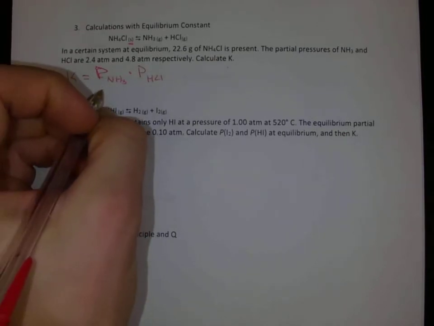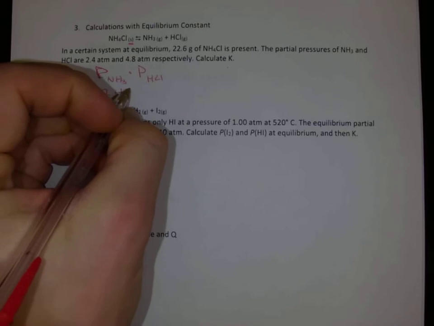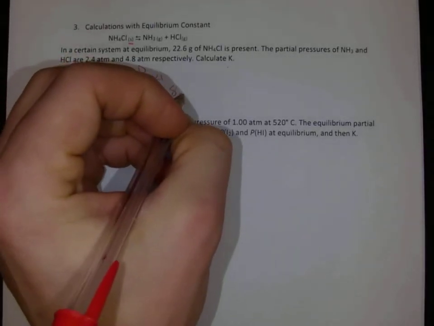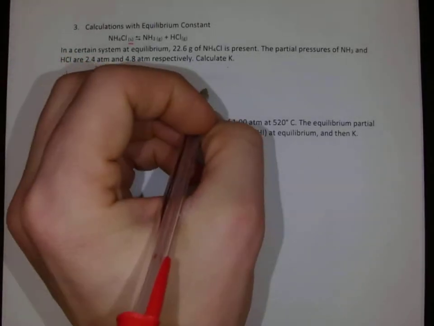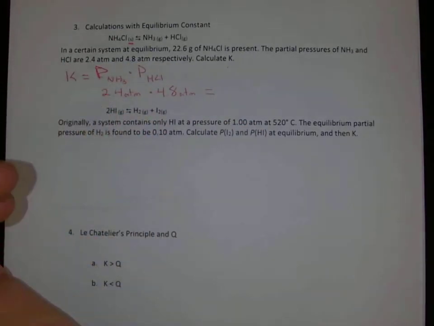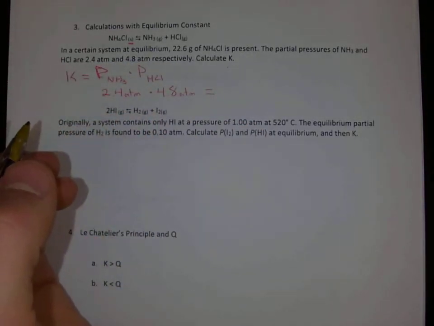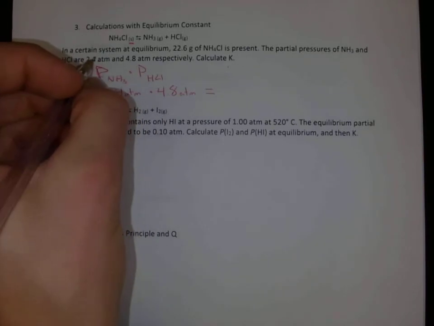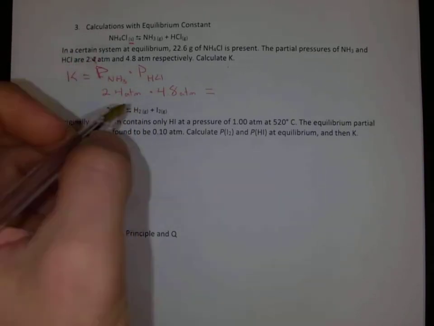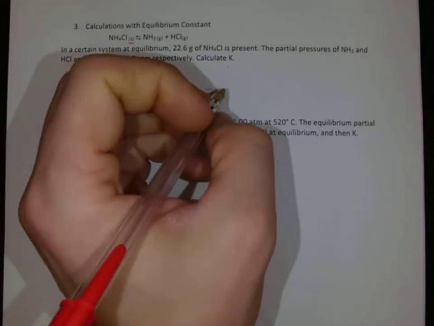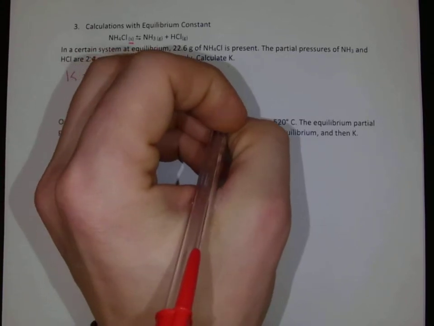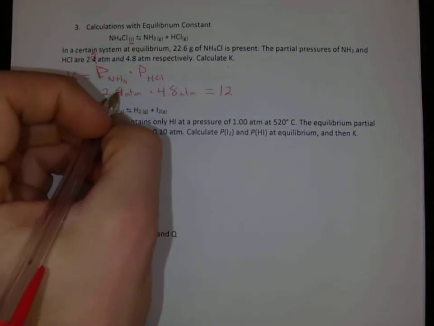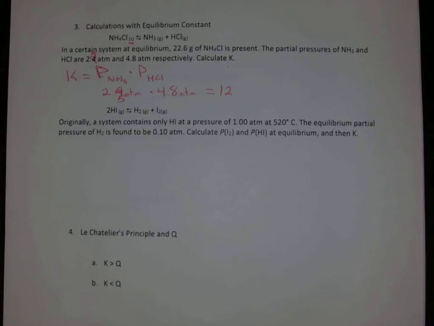So we're going to put 2.4 atmospheres times 4.8 atmospheres, and that equals 12. Whoops, 2.5. That's what I meant to put, not 12. So whatever, we're slightly off there, because I have 2.5 as my problem that I'm following here.